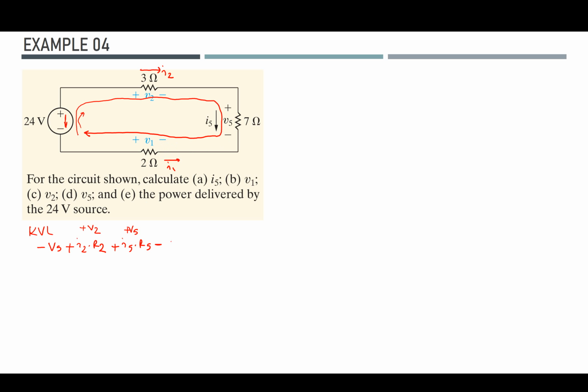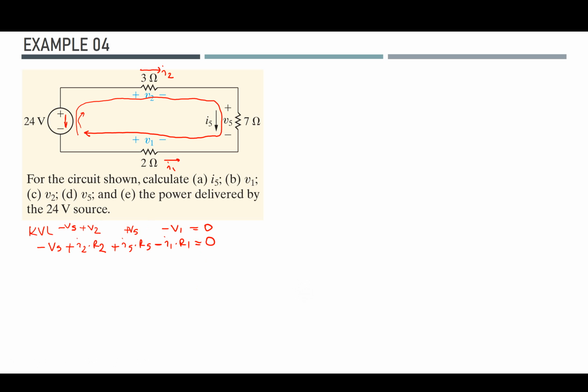And then it's going to be I1 times R1, which is minus V1. And I complete the loop. I came to the point where I started. I started with the negative terminal of this voltage source, and I made my loop and ended up there. So, as the KVL suggests, all the voltages within a loop or a mesh should be equal to 0. So I equated them to 0.